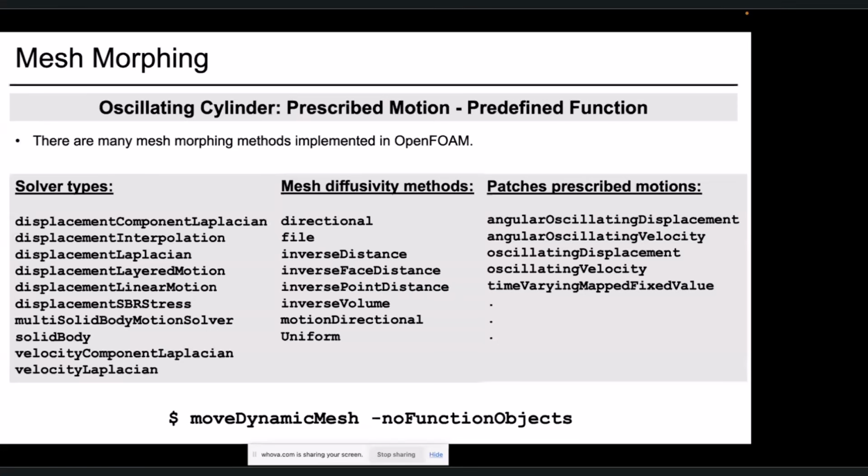And there is an advanced version, time varying mapped fixed value, where you can hard code a function of movement that you want the body to exhibit. Here is an important command, moveDynamicMesh, no function object, which means that it will not run your solver, but you can use this moveDynamicMesh command to see how your mesh exhibits the dynamic mesh motion strategy.